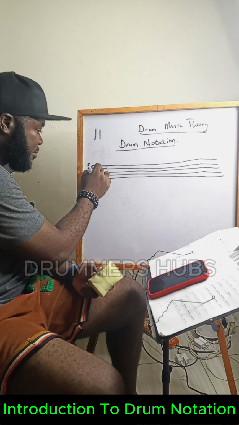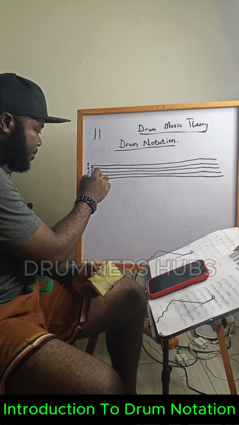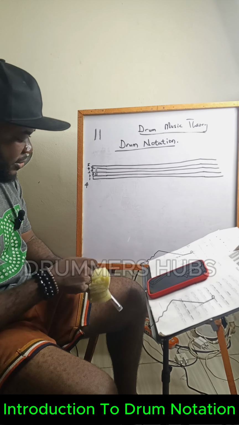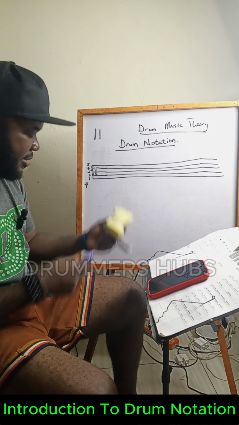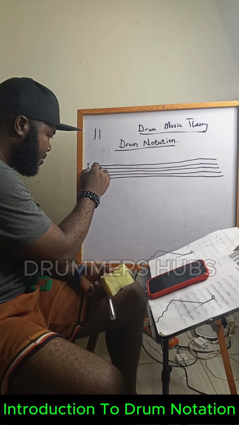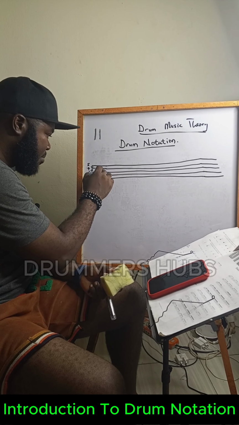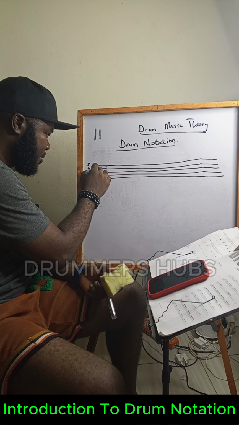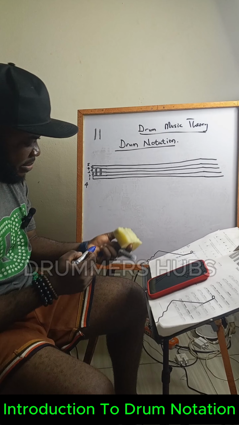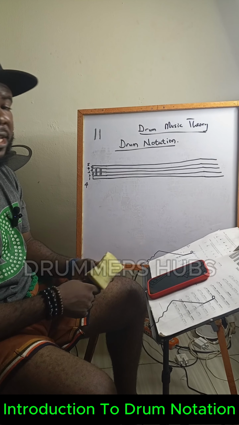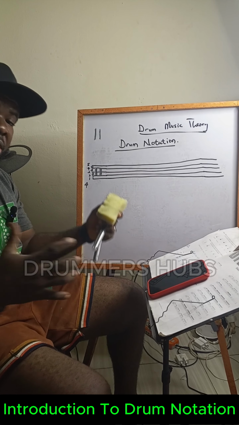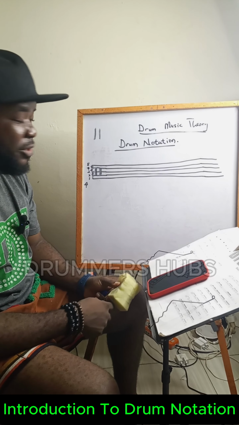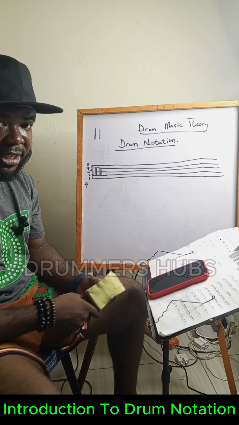I'm going to draw it out so you see. Let me use a different color so that it becomes separate. Pillar 1, sorry about that, the black is dominating. It's written this way, just like two pillars, and this is how a drum staff is generally written with this sign.